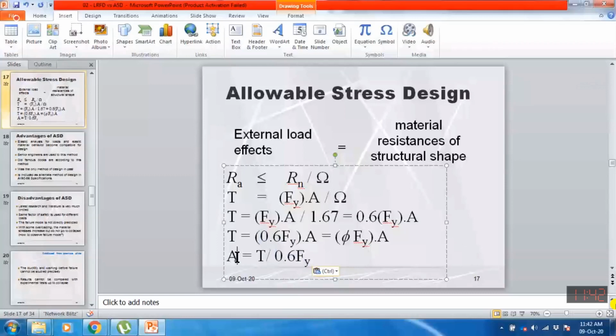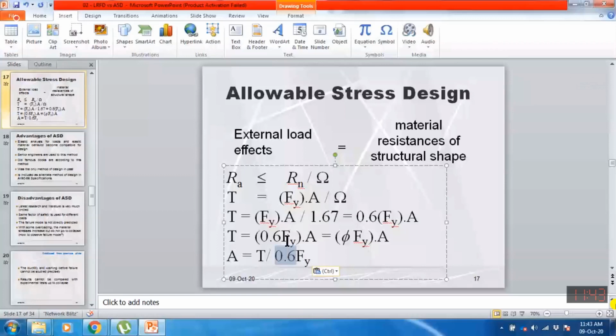If I am not using 0.6, then the area will be less. The smaller the denominator, the larger the answer, and the larger the denominator, the smaller the area. It means that I am computing an area larger than required. If the area required is 100 by 100 millimeter, I am providing 150 by 150 millimeter. This will be more expensive and uneconomical, but obviously it will be safe.